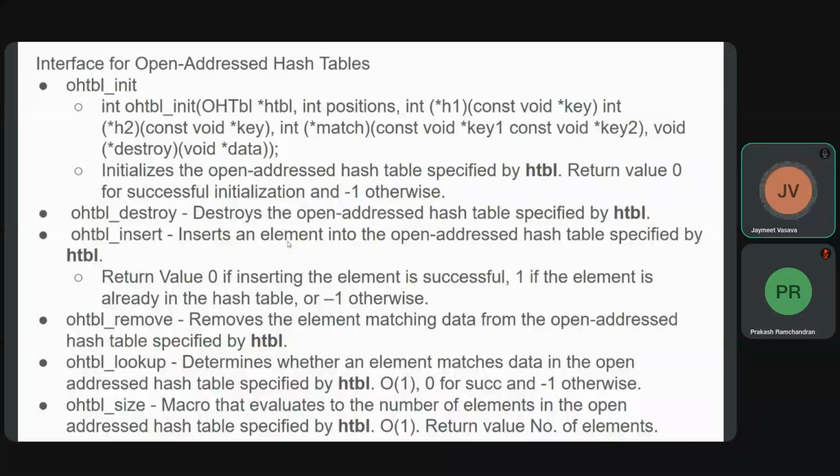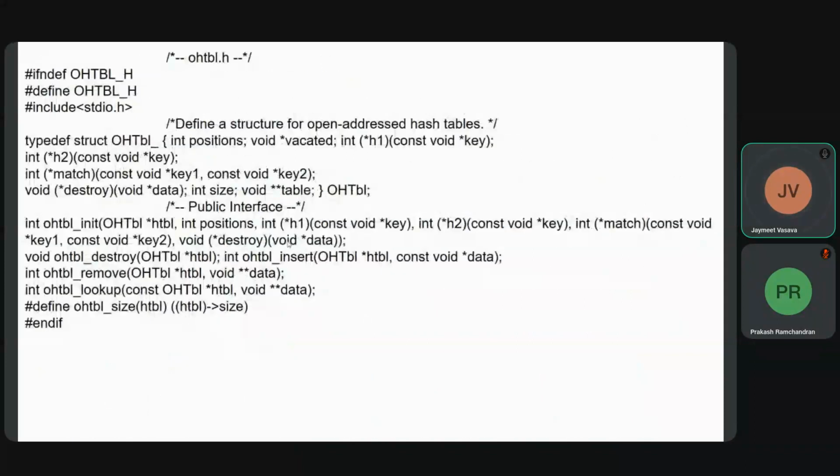Remove is for removing the element matching the data from the hash table specified by the htbl. Then lookup is for searching for the element that we want to look up. Then size evaluates the number of elements that are present in the open addressed hash table. This is the header file for the open address hash table that we'll also be discussing in a future discussion.